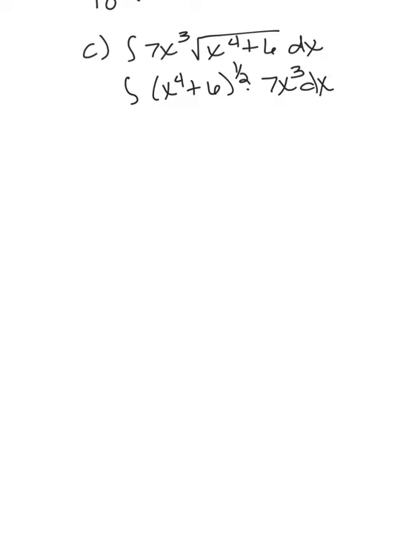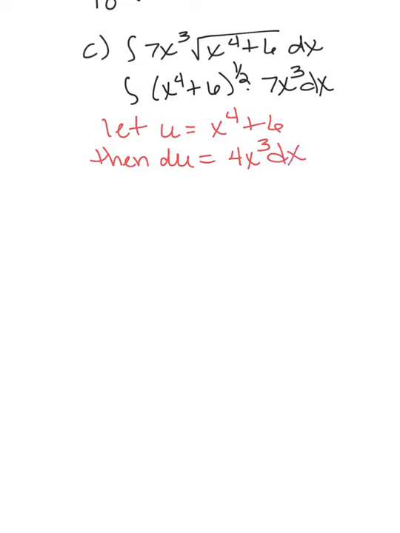The inside of the parentheses is what we let our u equal. So it's just the x to the fourth plus 6. This then would make our derivative du be 4x cubed dx.